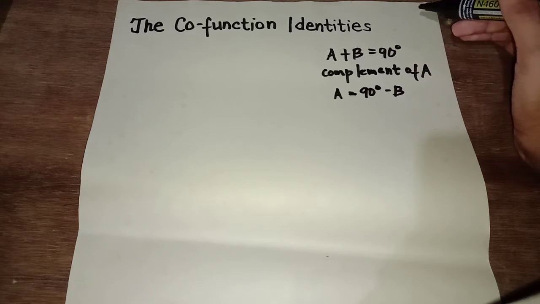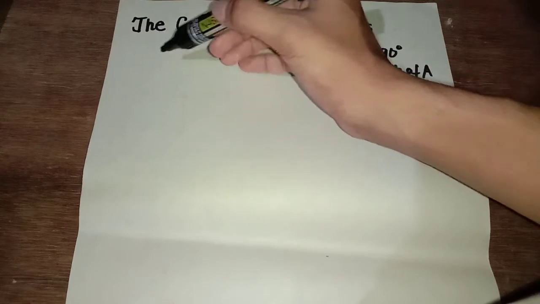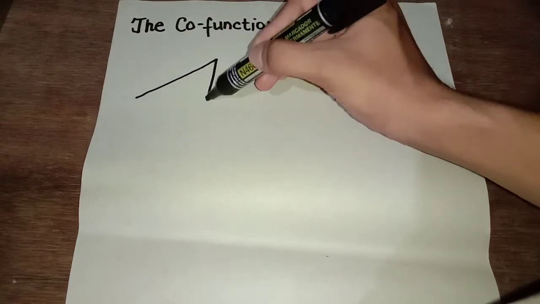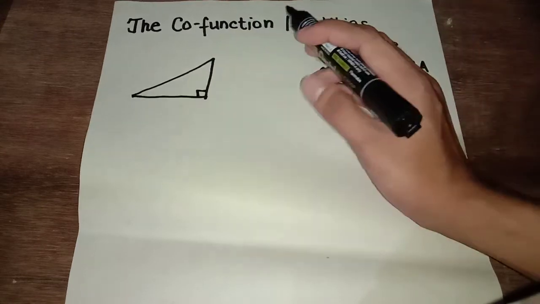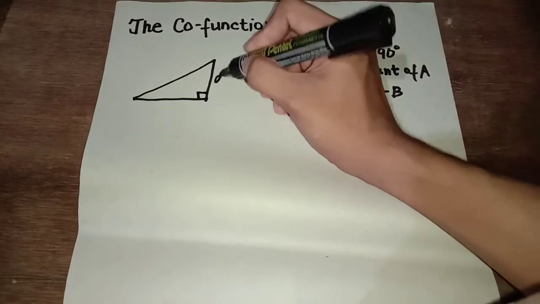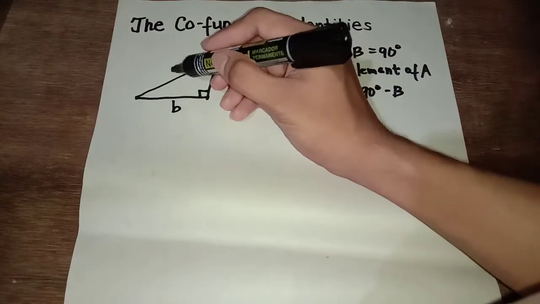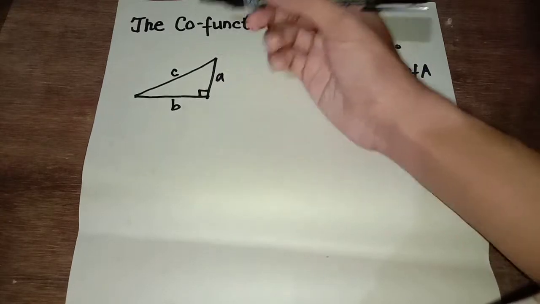So itong co-function identities, so we'll be deriving this. So base ulit siya sa right triangle. This is 90 and A, B, label this side as C is the longest side of the triangle.